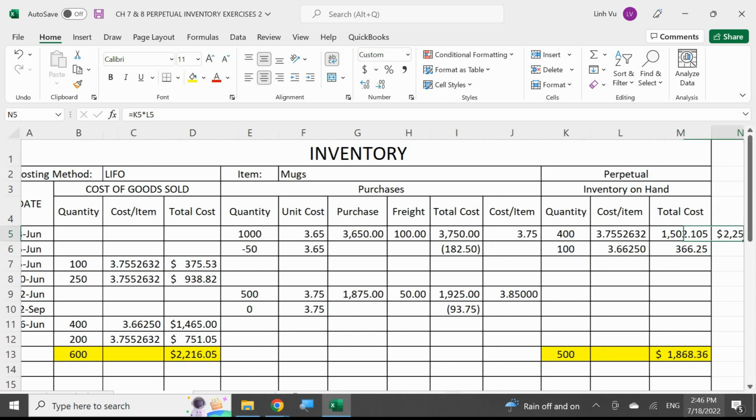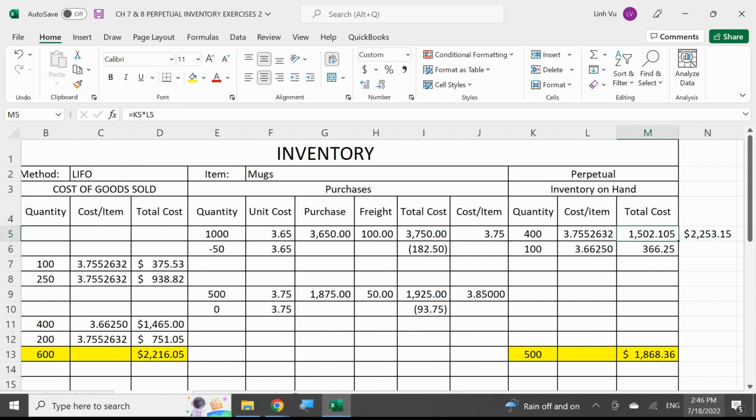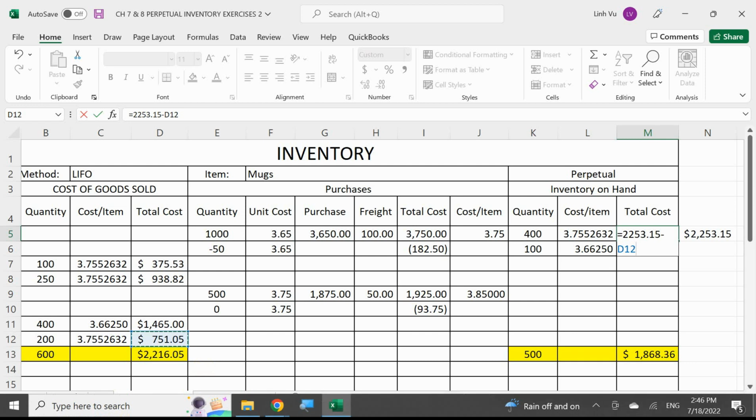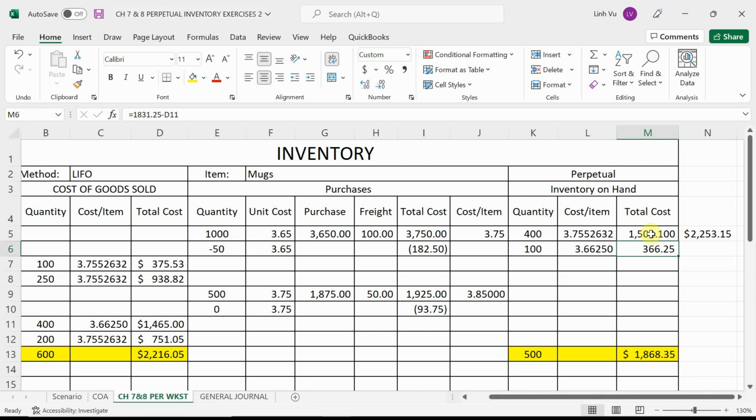Wait, hold on, because I put that formula there: 2,253.15 minus 751.05. I should get $1,502.10. Yes. So then that gives me a total left over.